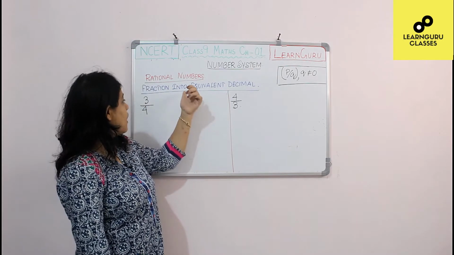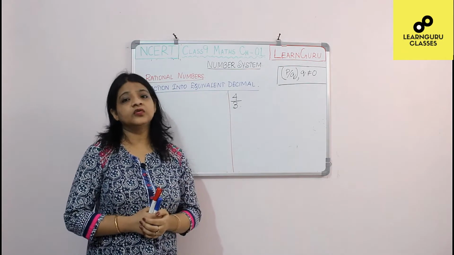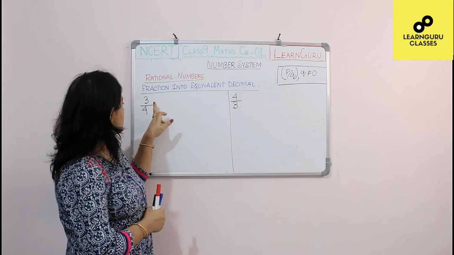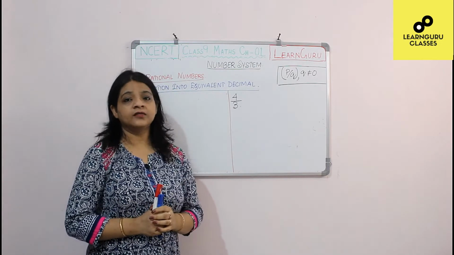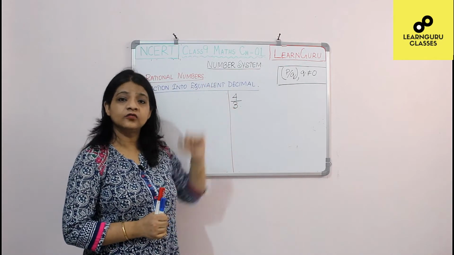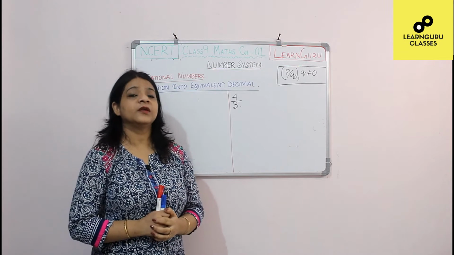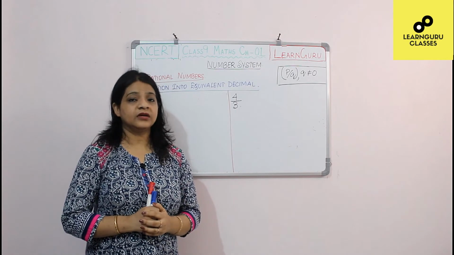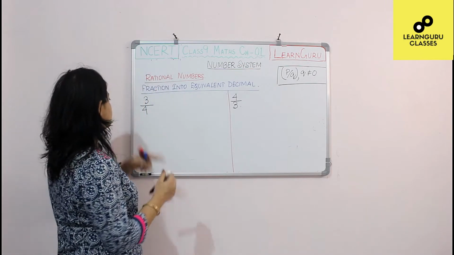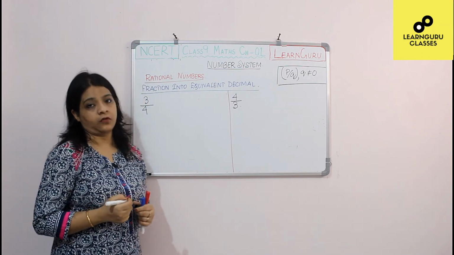So to explain you how to convert fraction into equivalent decimal expansion, I have taken two fractions, 3 by 4 and 4 by 3. So first of all, I will show you how to convert this into decimal. After that, I will explain you the terms terminating and non-terminating but repeating. Okay, so let us convert this 3 by 4.